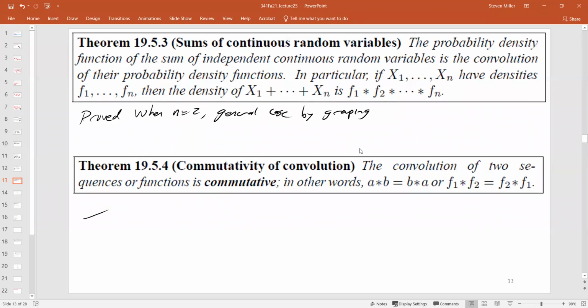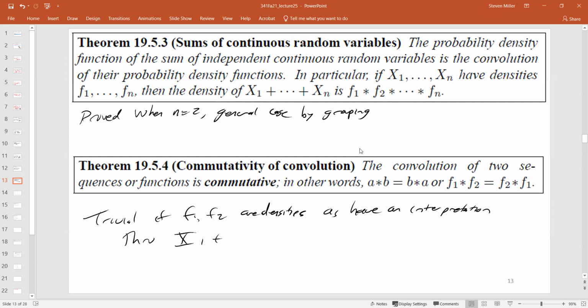So it's trivial if F1 and F2 are densities, as they have an interpretation through x1 plus x2, which is the same as x2 plus x1.